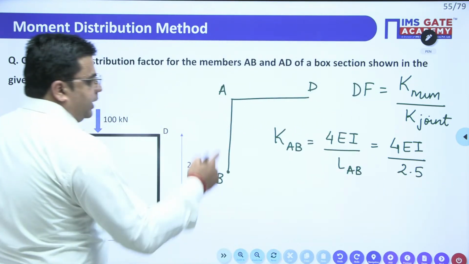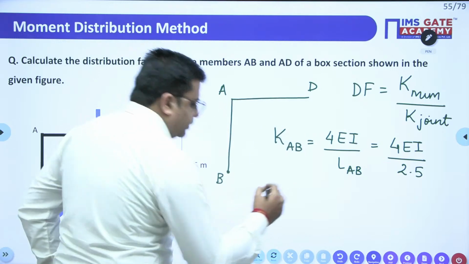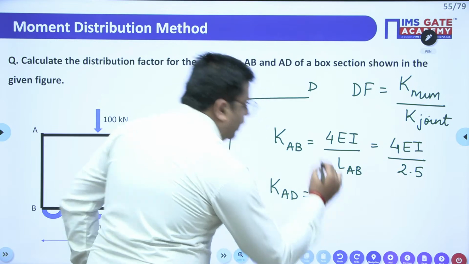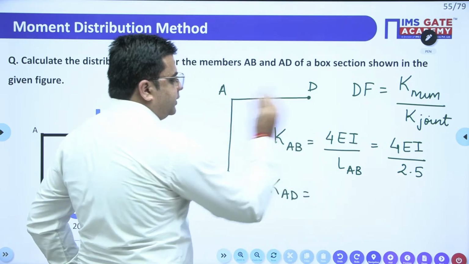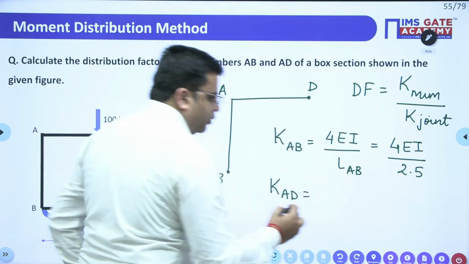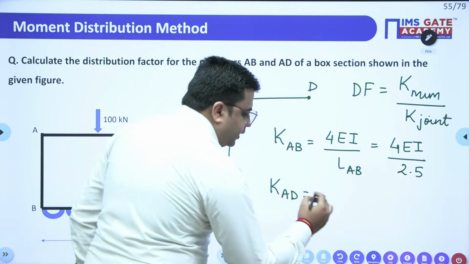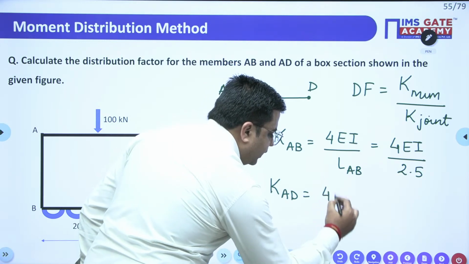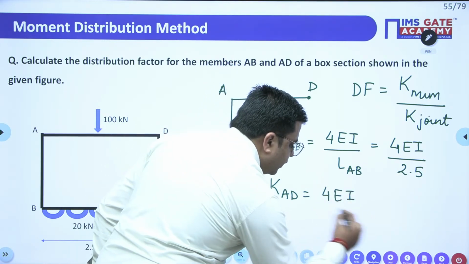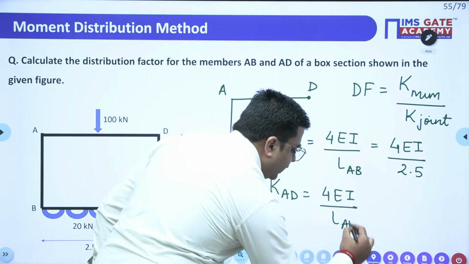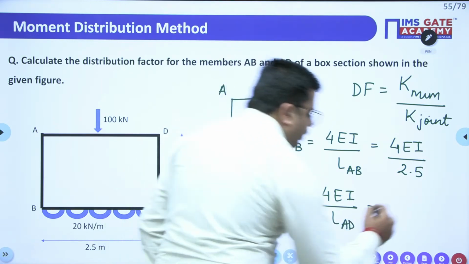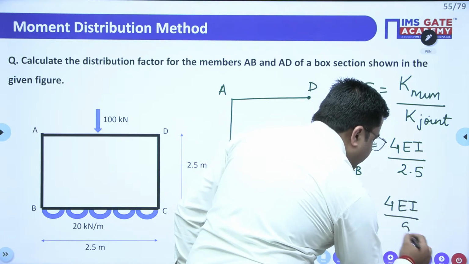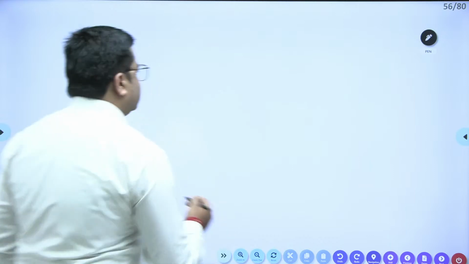Similarly, for KAD, again this is a rigid joint, hence it is taken as a fixed support. For a fixed end, the stiffness is 4EI by L of AD, that is 4EI by 5. You can add these two to get the stiffness of the joint.